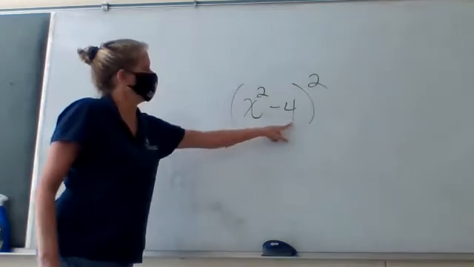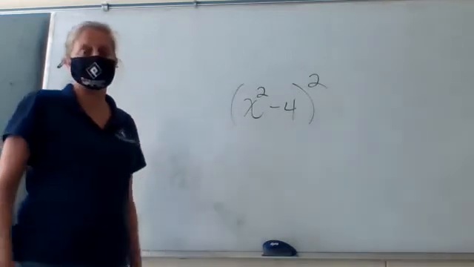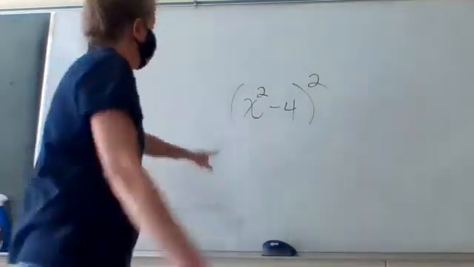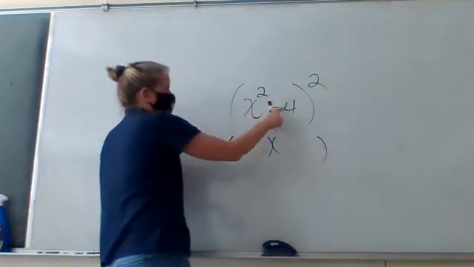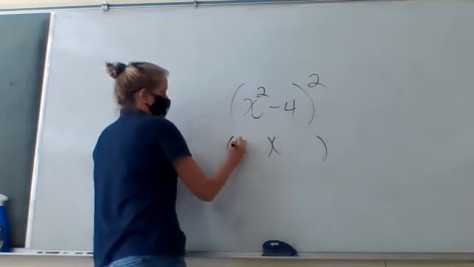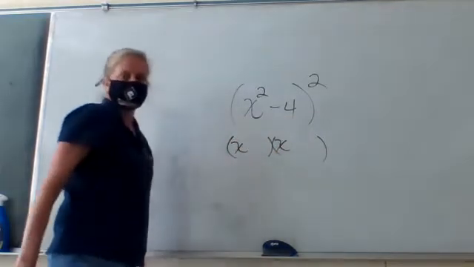Which means I need to factor this. That's a difference of perfect squares again. So if I factor this, x squared minus 4, x and x gives me x squared.